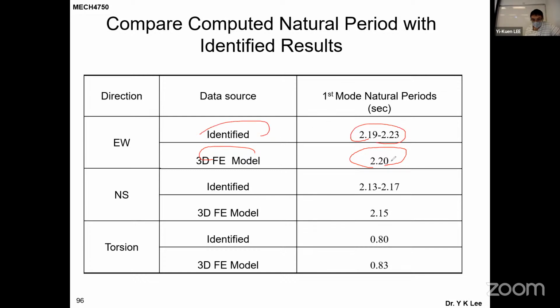Okay, I think it's quite close. FEM gives you 2.2 seconds for this period, and the measurements are about 2.19 and 2.23, right? So I think basically the results show good agreement between the FEM simulation and the vibration measurement using the sensor.